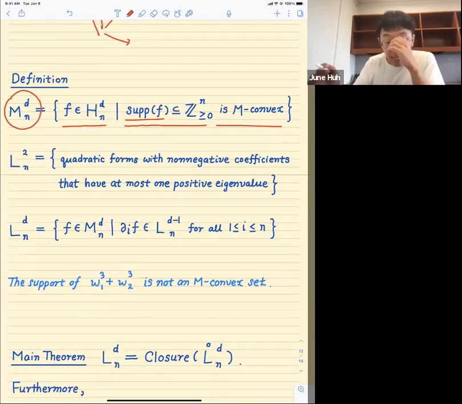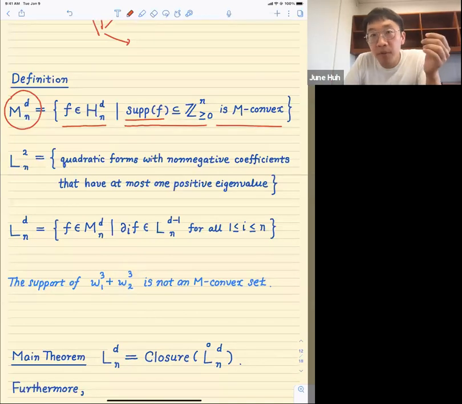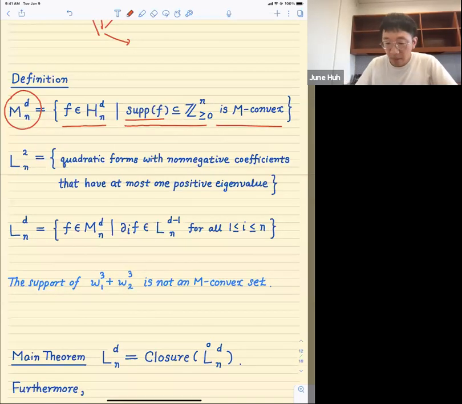So this M^d_n is a funny set. It's neither open nor closed in H^d_n, dictated by some funny combinatorial criteria. And again, I'm going to introduce some symbols, L^2_n. I want this L^2_n to be the closure of L^2_n strictly.